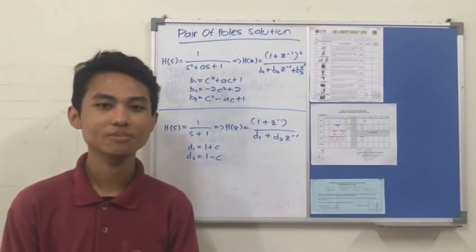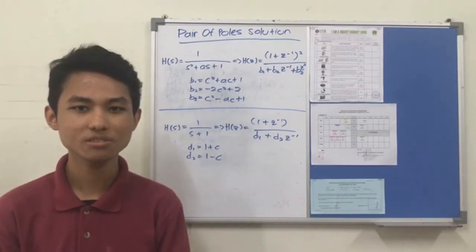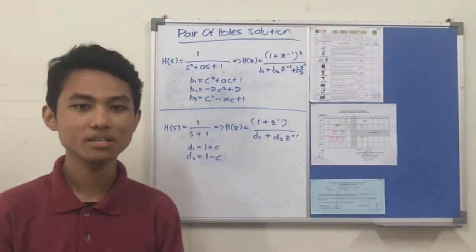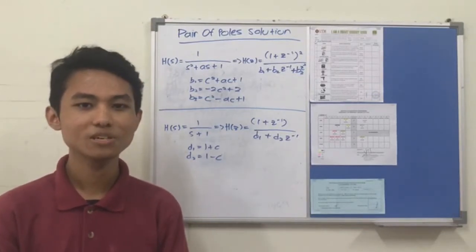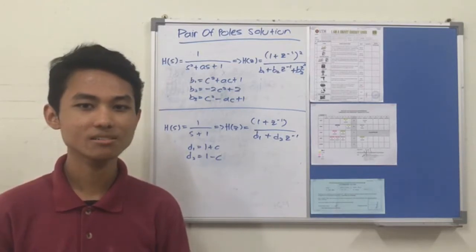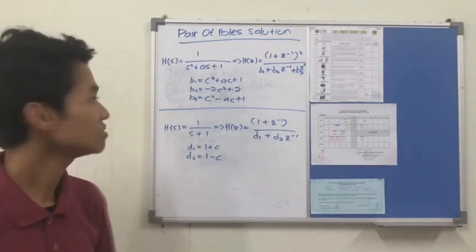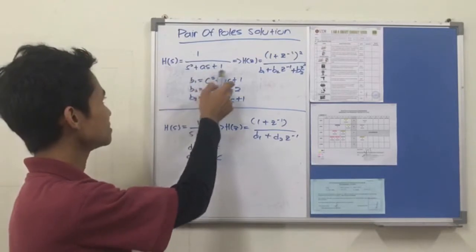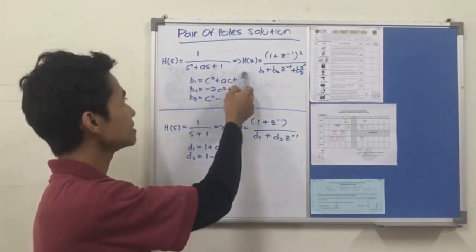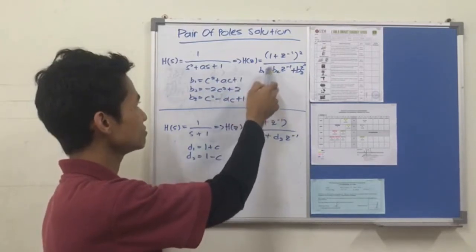For each pair of poles, we do the transformation of H(s) to H(z) using bilinear transformation, when we assume that omega c analog is equal to 1. So H(s) is equal to this, and after the bilinear transformation, it will become H(z) equal to this.